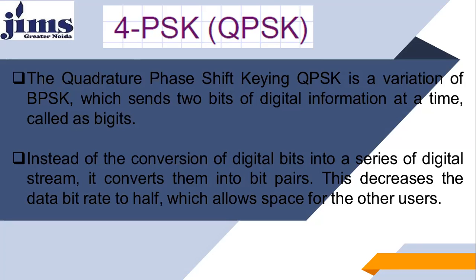The number of bits required to send the information decreases, so the bandwidth requirement decreases, and your capacity of sending more information increases. This is the very specialty of QPSK compared with PSK.